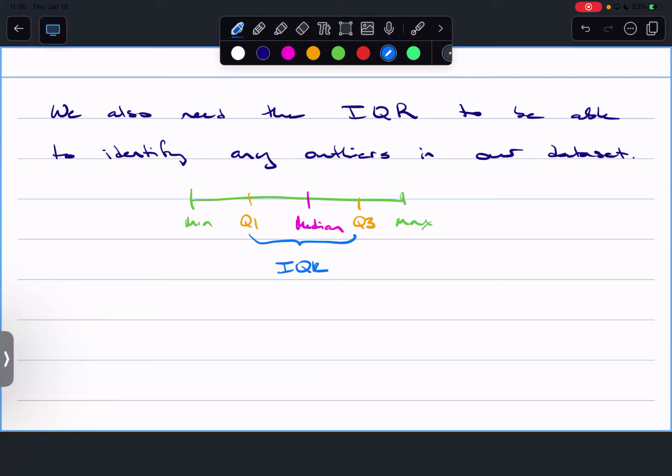This distance is the interquartile range. Right? And so as a rule, it's called Tukey's rule, but there are lots of different rules. What we are going to use, and what's most commonly used, is called the 1.5 IQR rule.